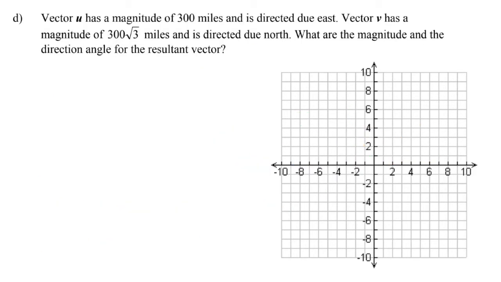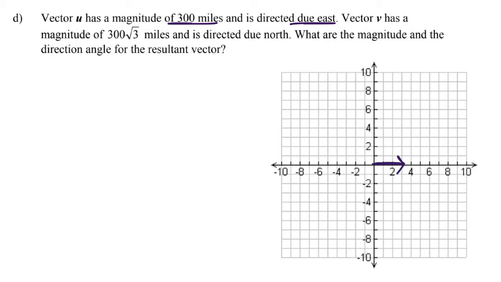Right, now on part D, we have a vector u that has a magnitude of 300 miles and is directed due east. So we have 300 miles directed due east.